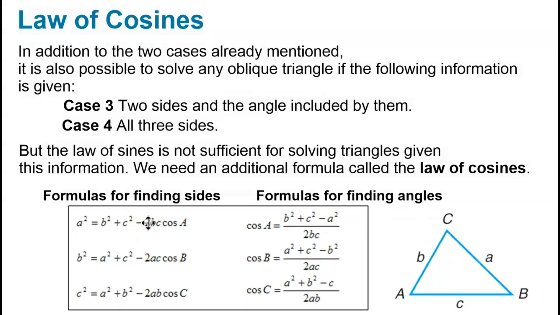So in the last video we looked at case 3. By the way, if you didn't catch it with the last one, I've made these changes every time. Make sure that that's a C squared when you're using this formula or writing it down or using it for your test. So again, sorry. Case 3 is what we just did, where we had two sides and an angle that was included by them. You can go back to the last video and watch that one.